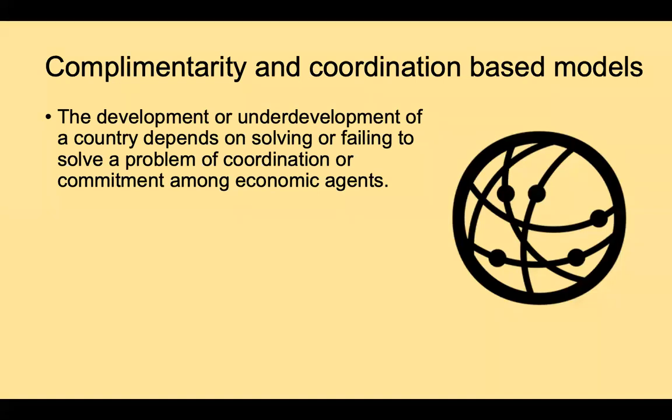The basic notion of these models is that development or underdevelopment depends on solving or failing to solve these problems of coordination. Where countries successfully resolve these issues, they develop. Where they do not resolve these issues, they do not develop.